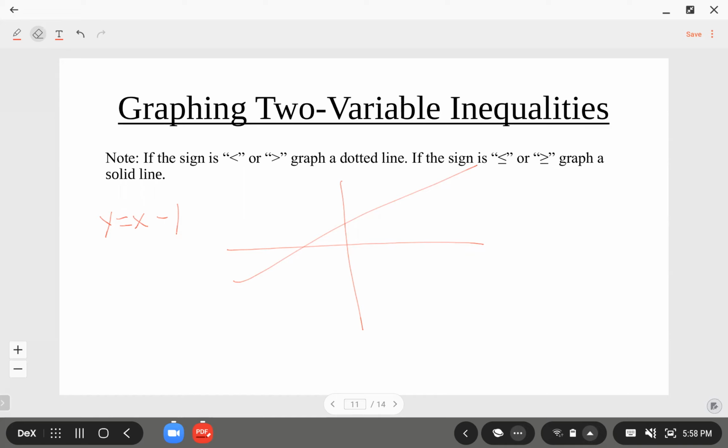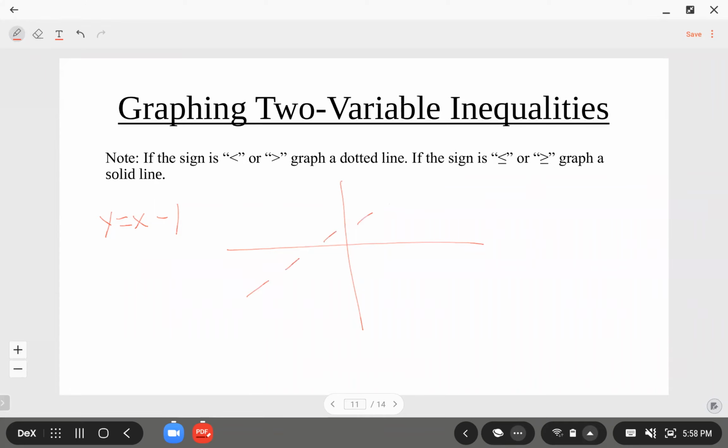And I give you a little note here, as with the single variable inequalities. If the sign is less than or greater than, we graph a dotted line. Let me erase this line. A dotted line is like this.